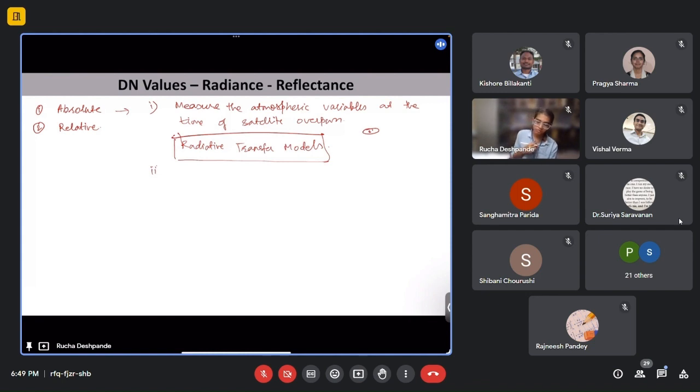So another thing which is done is that some models are used to simulate the atmospheric conditions at that time.